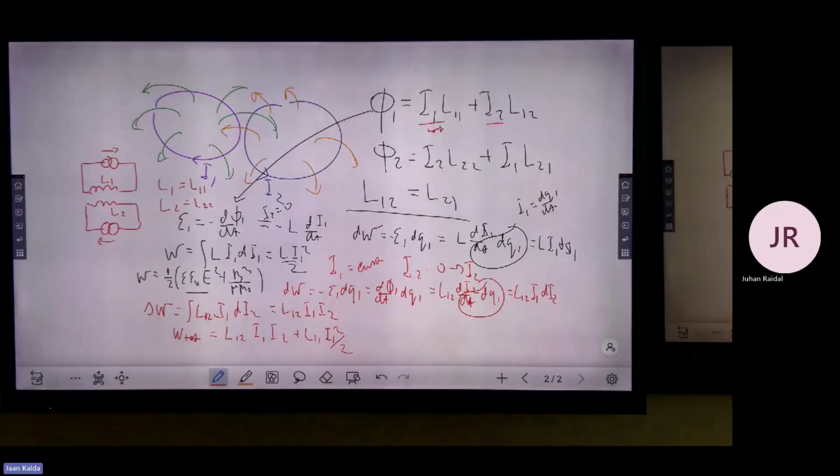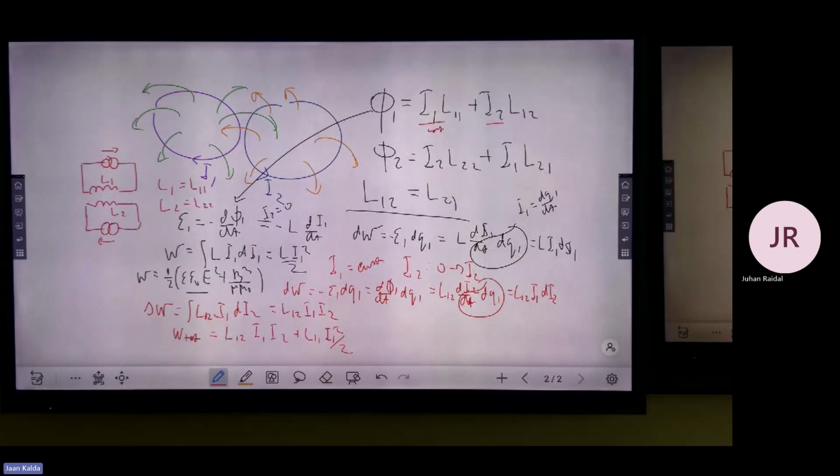So we are missing here work we did in the second loop during the second stage. So first stage, we get I2 0, increase I1 from 0 to I1. And we calculated the work done as it's L11 I1 squared divided by 2. At the second stage, we get I1 constant, decrease I2 from 0 to I2. And then we calculated which work we need to make in the first loop to keep I1 constant.